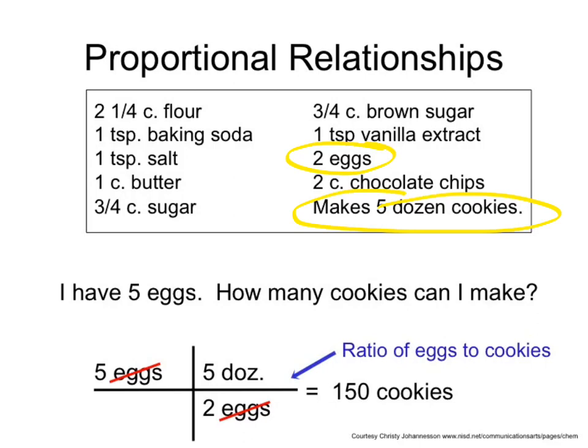This is the coefficient of my unknown, that's the number in front of my unknown, which is my cookies. And if I have 2 eggs, it wants to know how many cookies can I get. So 5 times 5 is what? 25. And then that's 25 divided by 2, which gets me 12.5 dozen cookies. But you can't have 0.5, so it's just 12 dozen.